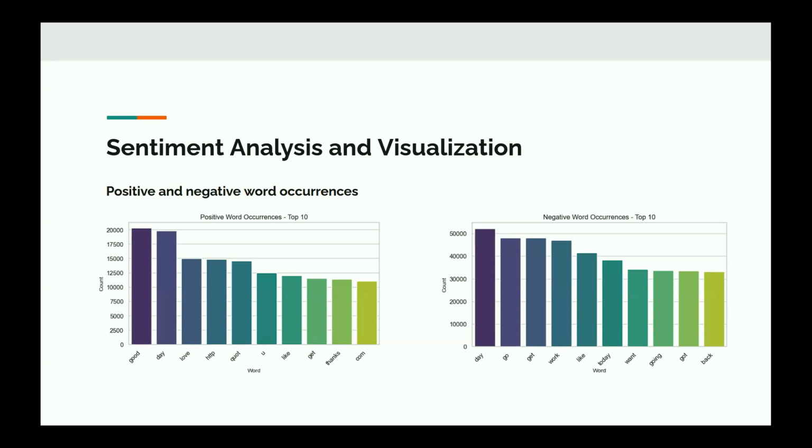On the left side, we have the top 10 word occurrences in the positive tweets: good, they, love, HTTP, quote, you, like, get, thanks, comma are the most occurring words in the positive tweets. On the right side, we have the negative word occurrences in the negative tweets. The most occurring words are they, go, get, work, like, today, want, going, got, and back.